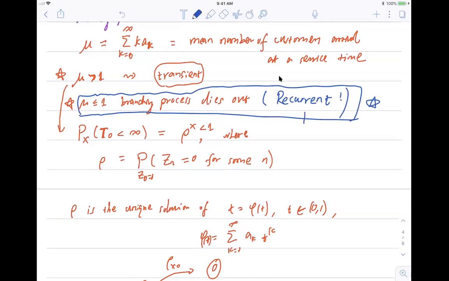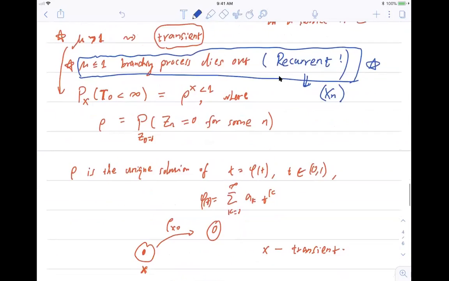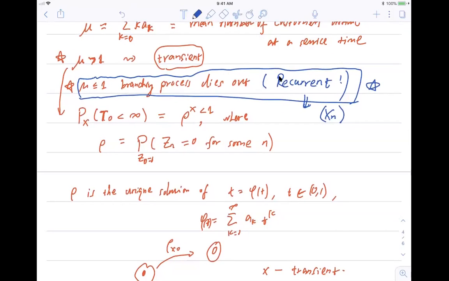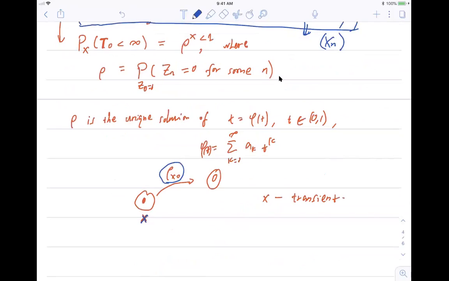This is for the Xn, not a branching process. We're using the branching process to explain this. So for this case, mu bigger than 1, what we know is that if you start from x, you have a certain probability that you go to 0.